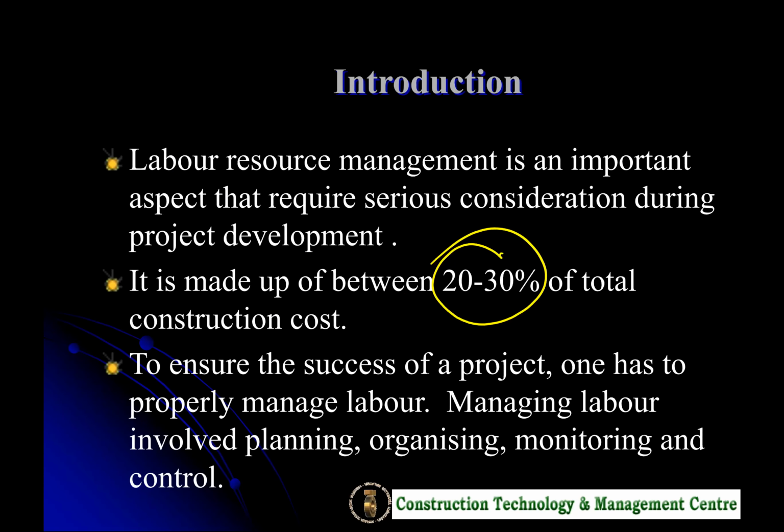Similarly, if you are using IBS technology in construction, so we do not use a lot of laborer anymore. So most of the cost will be coming from the material itself and the machine. You see, so the composition could basically differ from one type of project to another.